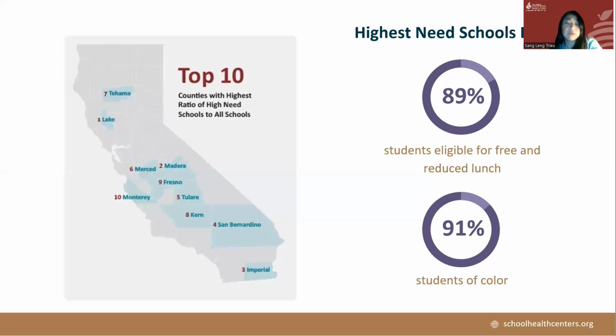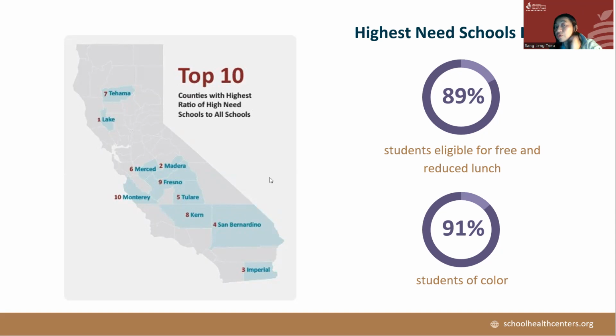And here is just some of the data that we're able to extract from the Student Health Index. Here is looking at the top 10 counties with the highest ratio of high need schools to all schools. And for our region, San Bernardino actually ranked fourth in terms of being the fourth highest need county.